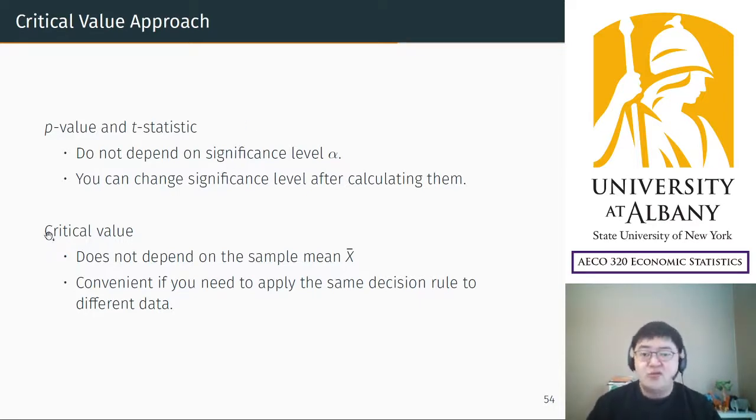But the critical value is used in a different way. It depends on the significance level but does not depend on X bar. So it is more convenient when you have to repeat the same hypothesis testing on different samples. For example, suppose I'm regulating medical drugs, and the drugs have to contain the correct amount.